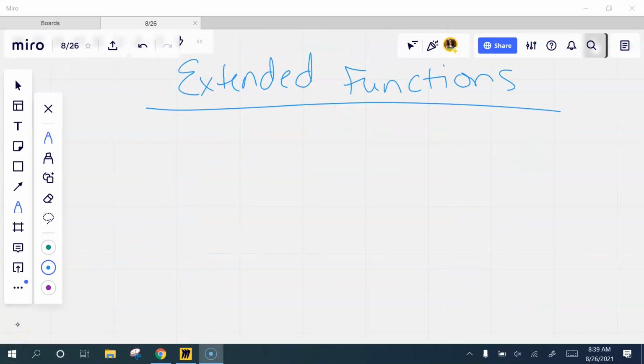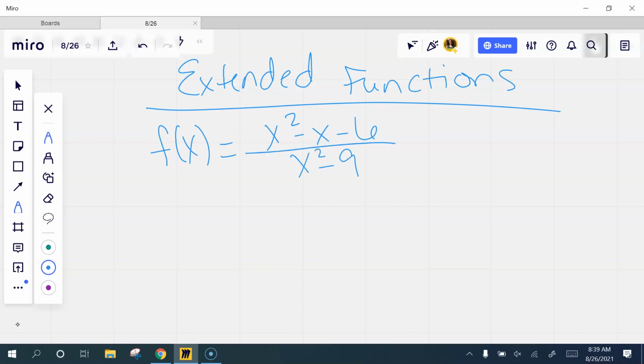I was planning on you doing it in groups, but I think we'll just talk through this as a big group since we're such a small class anyway. I want you to think about this for just a second.